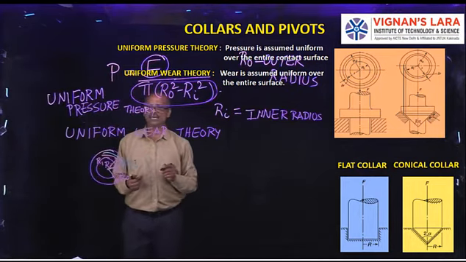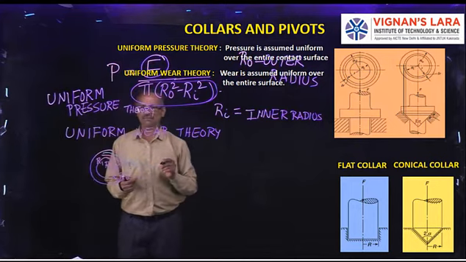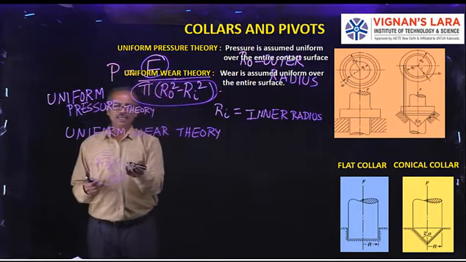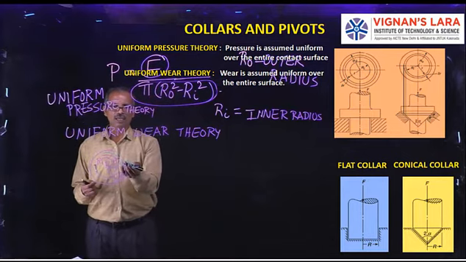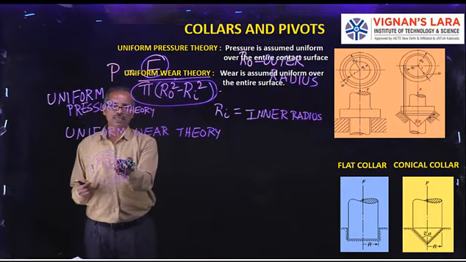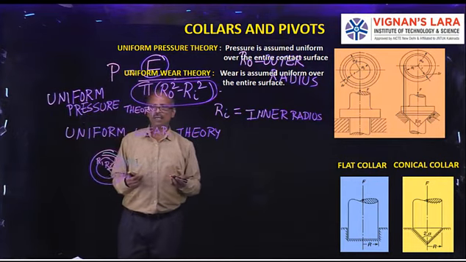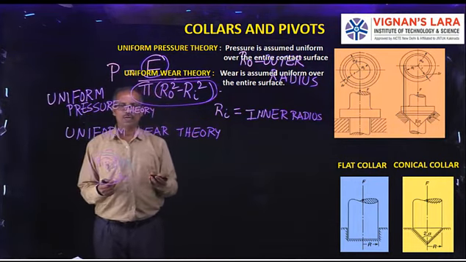One is with a radius of R1 and the other one is with a radius of R2. If I take an elemental area here and here, one is 2 pi R1 and the other is 2 pi R2.